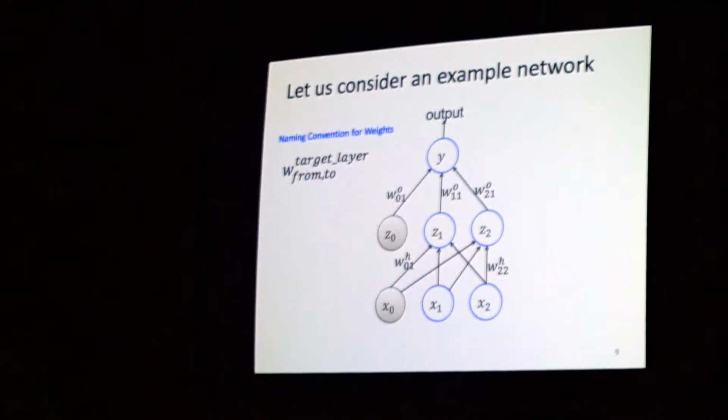Right? So, for each weight, to differentiate it from other weights, we're going to use both a superscript and subscripts. The superscript indicates the index of the target layer, namely which layer this edge points to.